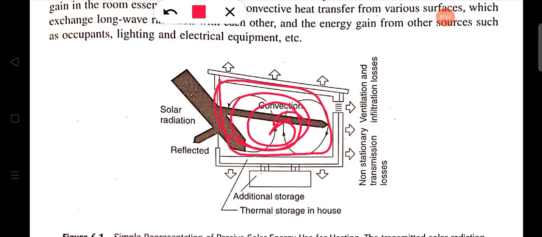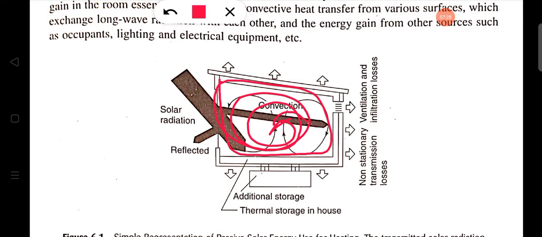Convection means hot air transfer. When solar radiation falls on the air surface, that air surface is heated, gets lighter, and goes upward.